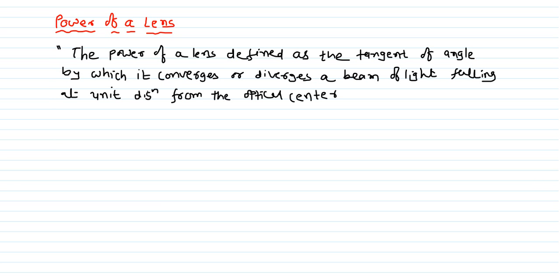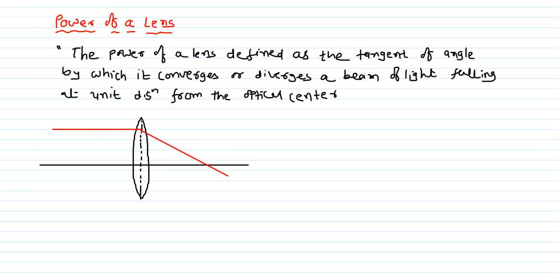That is, friends, suppose we consider this is our thin lens, and here it is a line. Suppose we consider a ray incident like this, and after refraction it passes through this point.